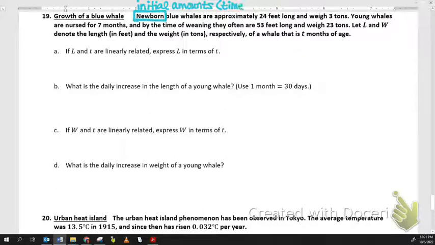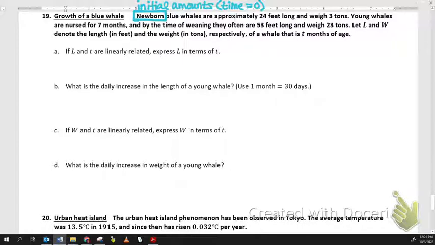So even though we haven't gotten there, our time equals 0 if we're talking about a newborn. We have length and weight for the same time. Young whales are nursed for 7 months and by the time of weaning, they are often 53 feet long and weigh 23 tons.